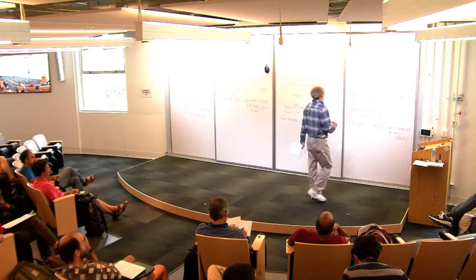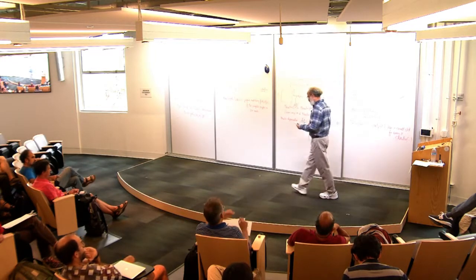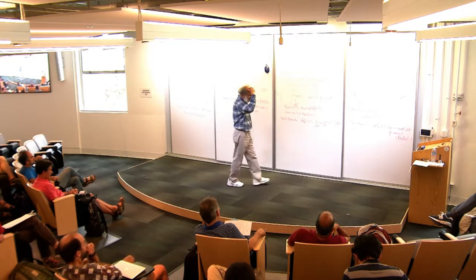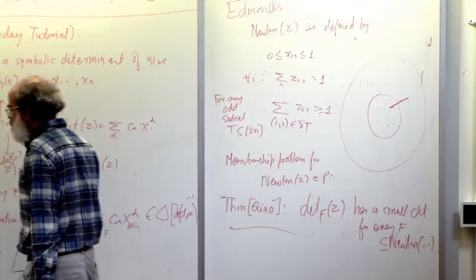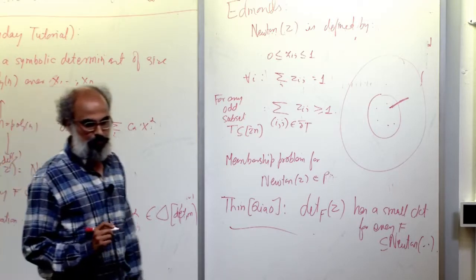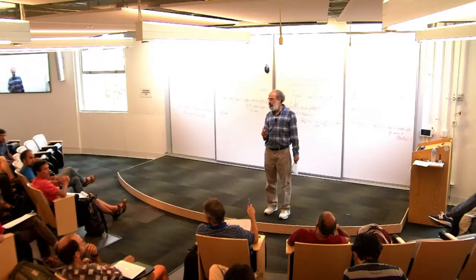So basically what the conjecture says is that the main problem here is, then just the membership problem for the polytope is easier to prove than for the matching.